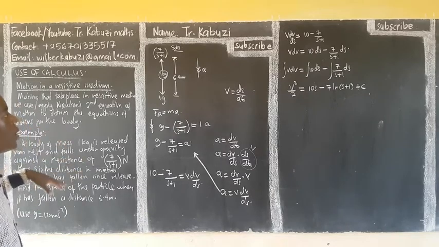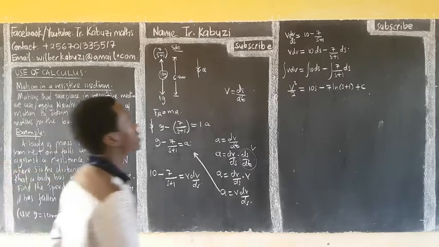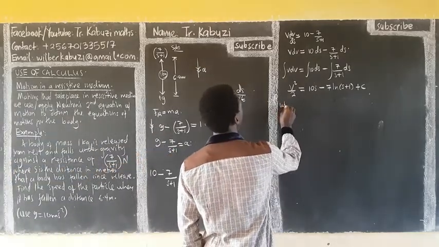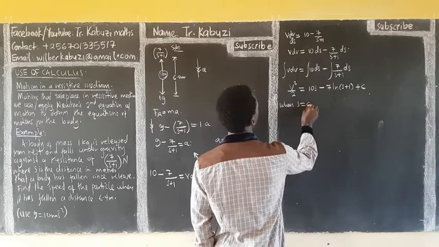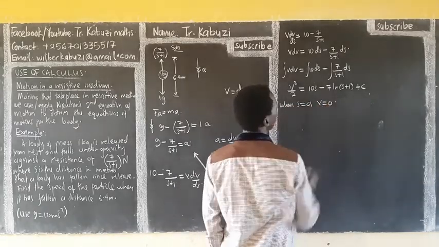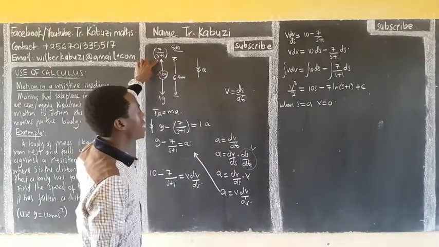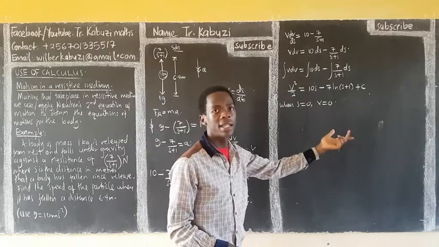Now, note that when it has covered zero distance, the velocity is going to be zero, because as long as it has not covered any distance, it's not moving at any velocity.